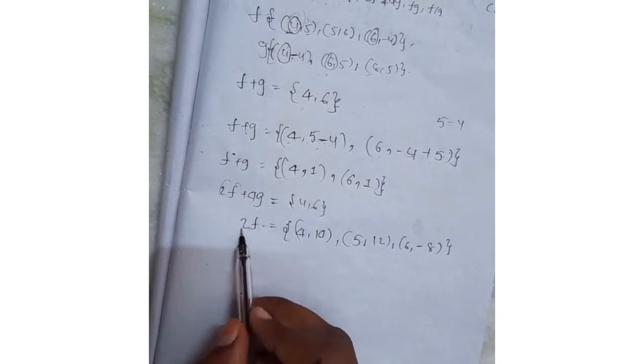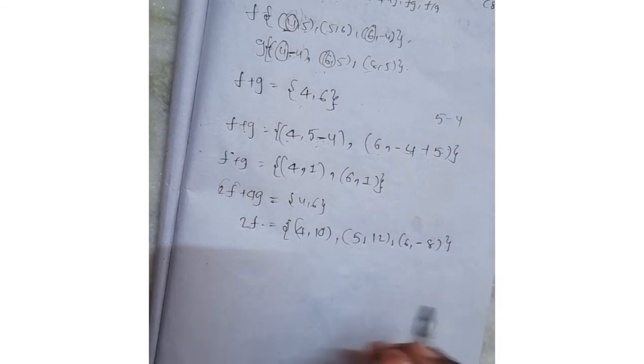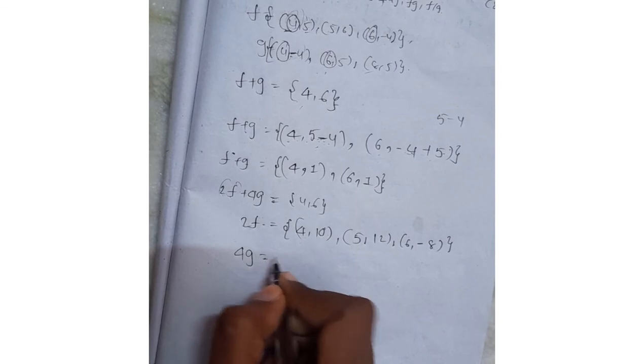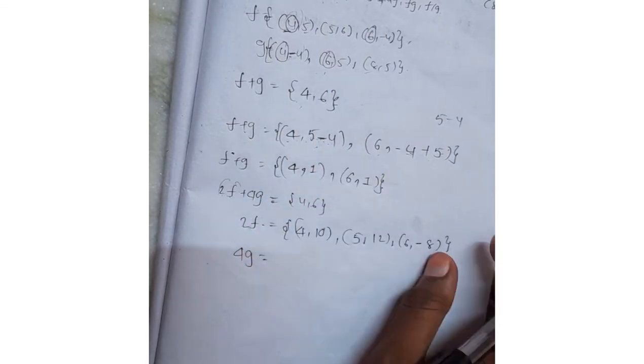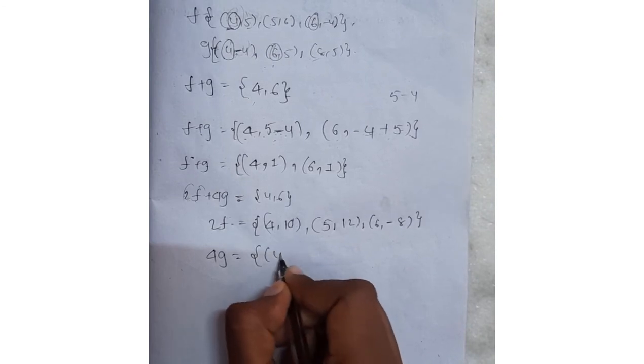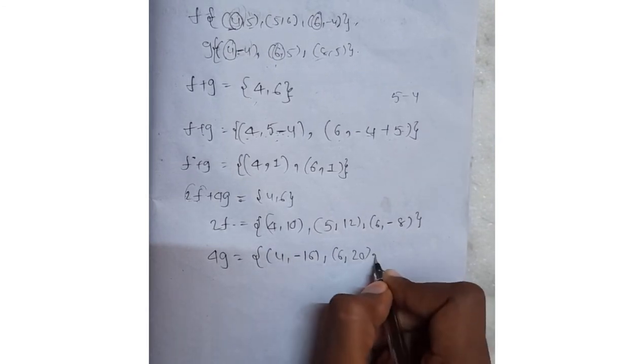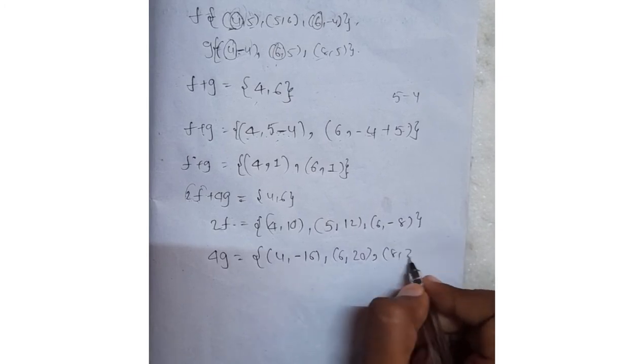This is just 2f. Only and only we are changing the range. The domain will be the same. And 4g: (4, -16), (6, 20), (8, 20).